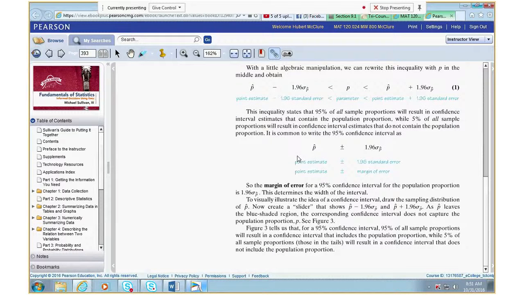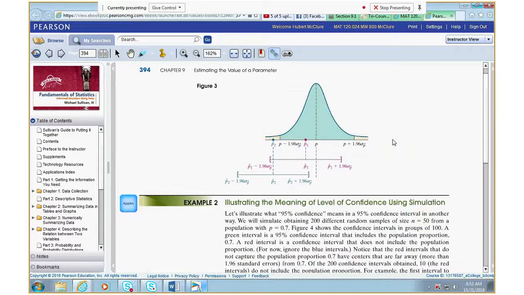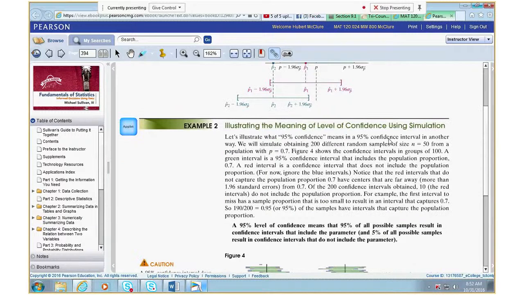They're showing confidence level here. Margin of error, that's the next. They're not giving you the formula for margin of error. They're just telling you what it is.